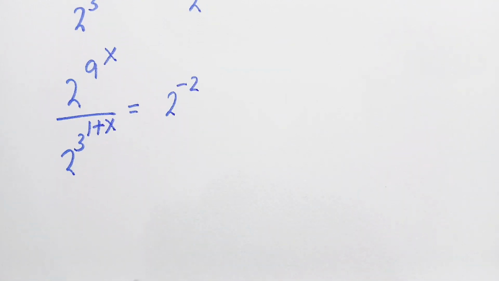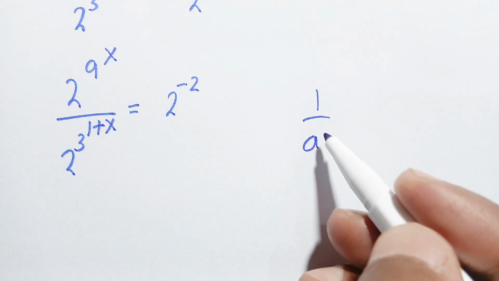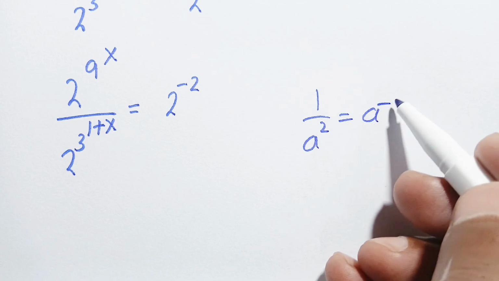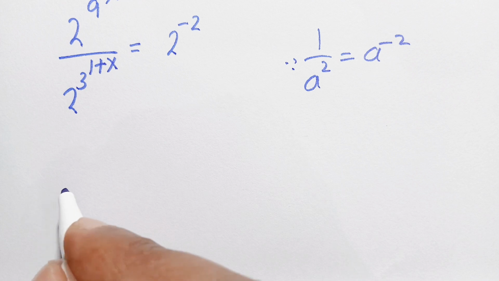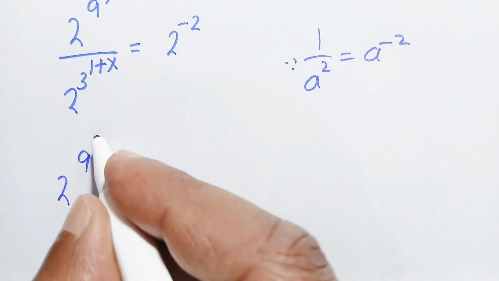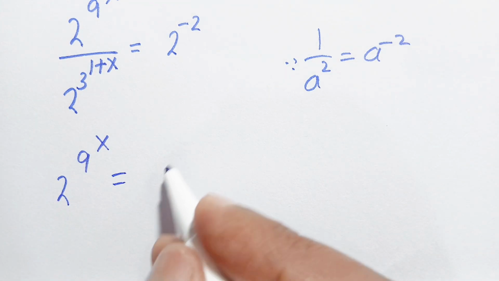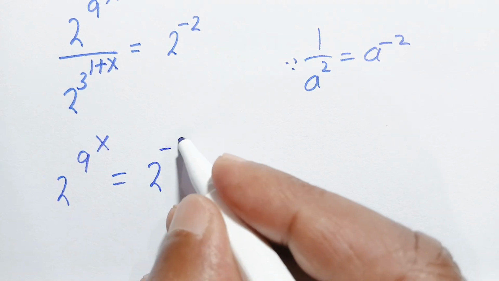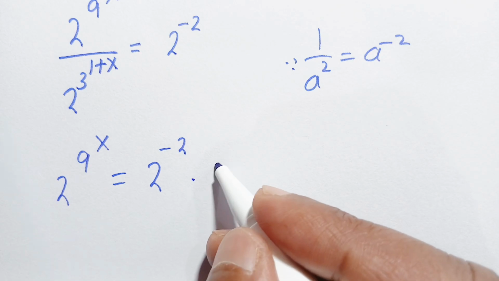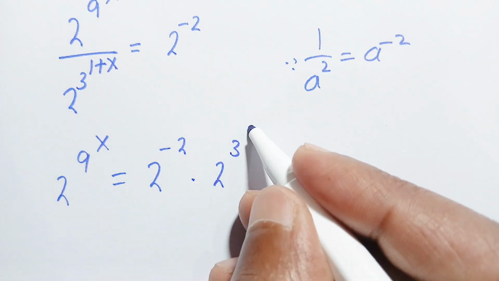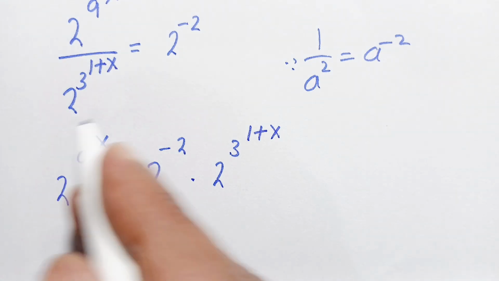Now as 1 over a square is equal to a^(-2), now 2^(9^x) is equal to 2^(-2) and 2^(3^(1+x)) by cross multiplication.